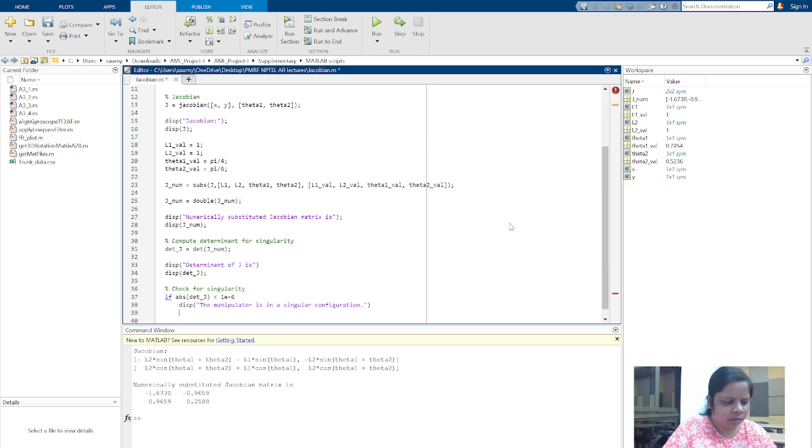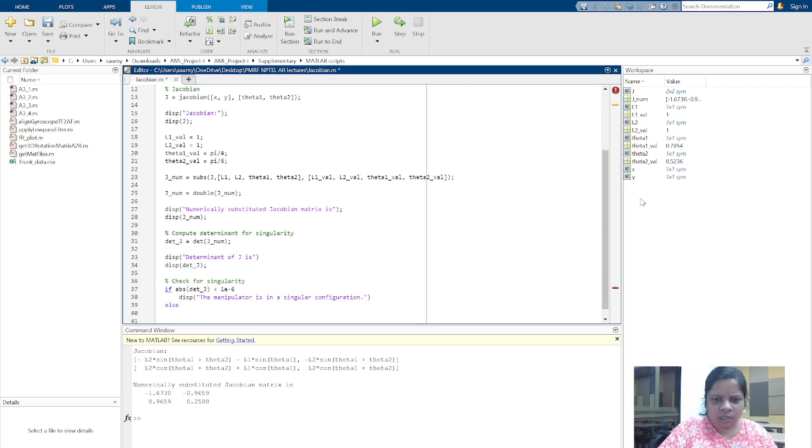Then if it is not, I'll use else, and I'll copy the same thing.